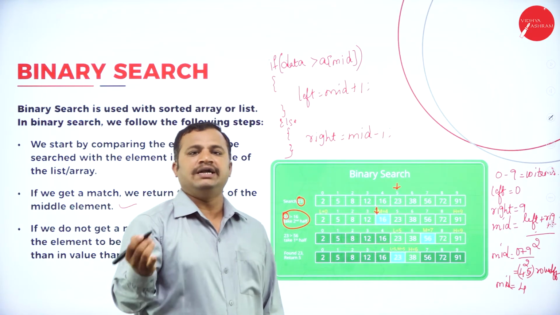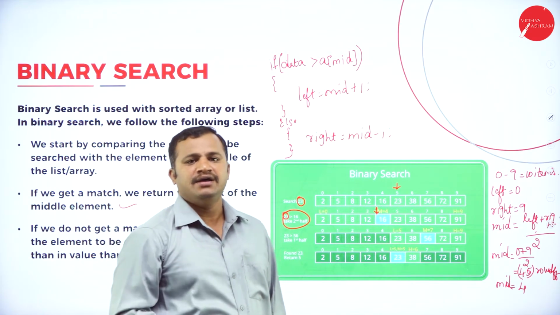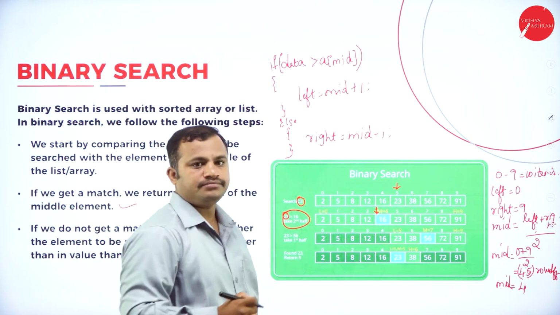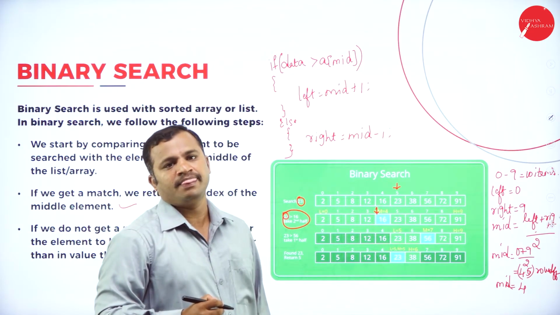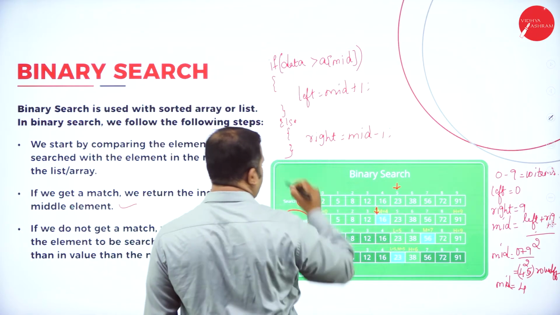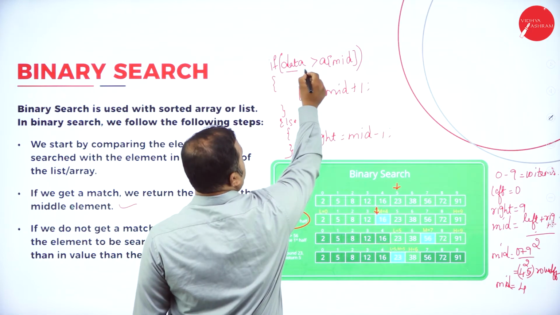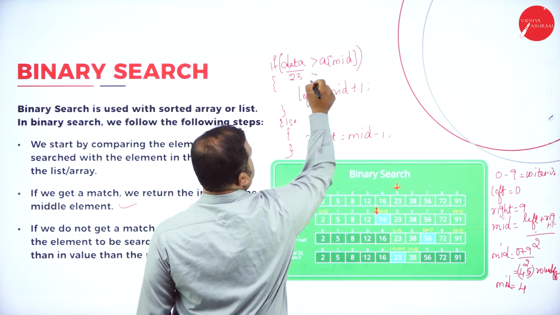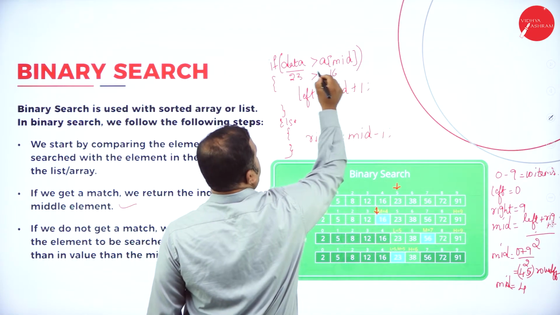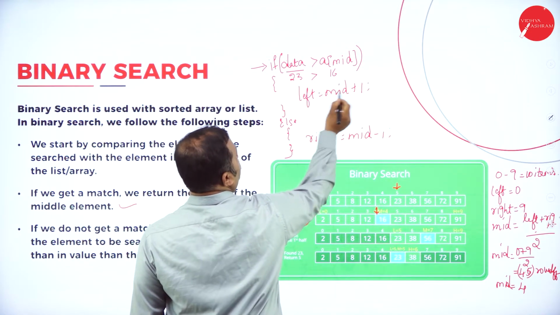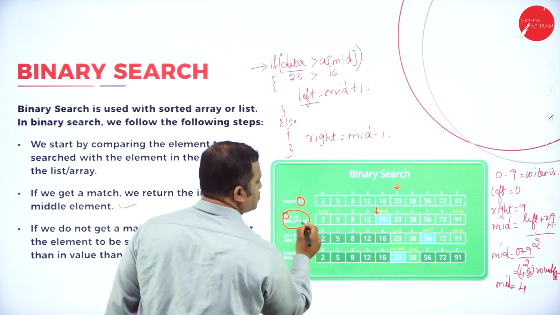Now with this criteria, I can find out the middle element. The data to be searched is greater than this, so this becomes mid plus 1. This condition is satisfied, that is 23 is greater than 16. When the control comes here, it enters inside and left equals mid plus 1. Now this becomes left.